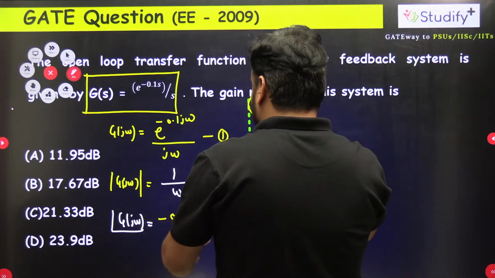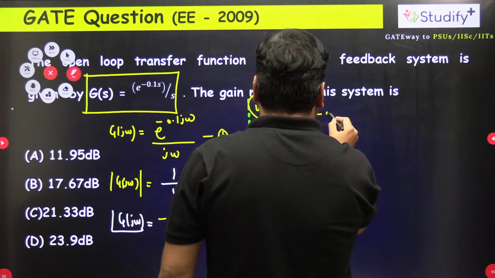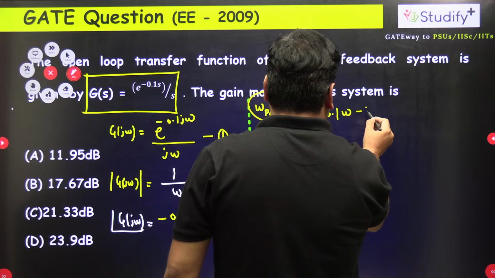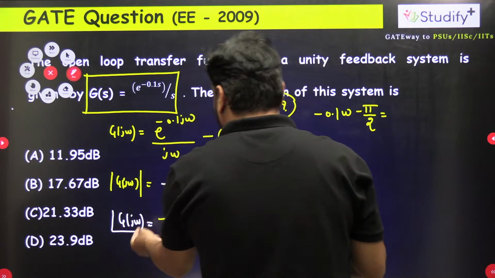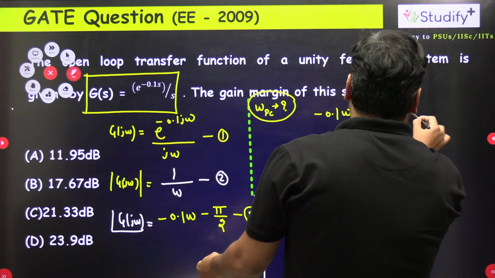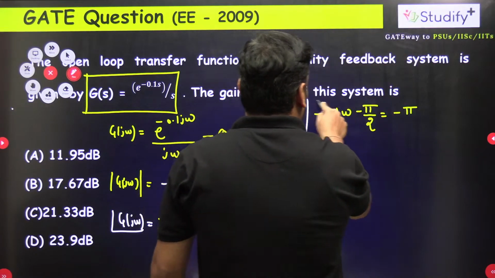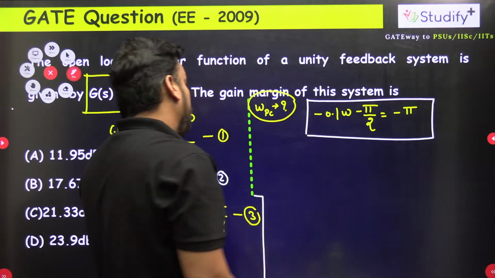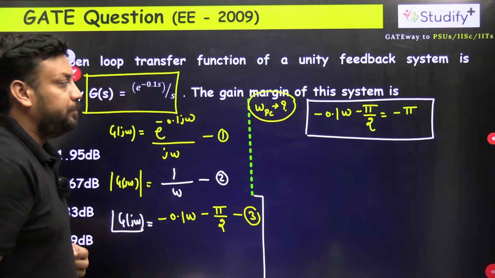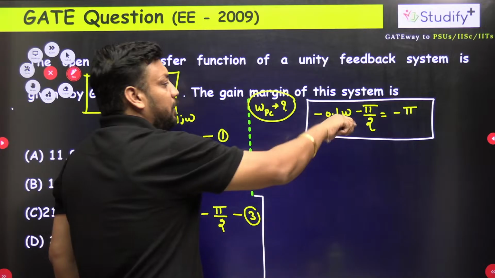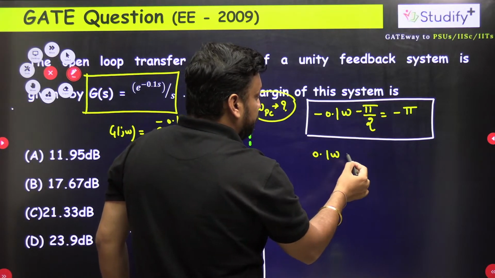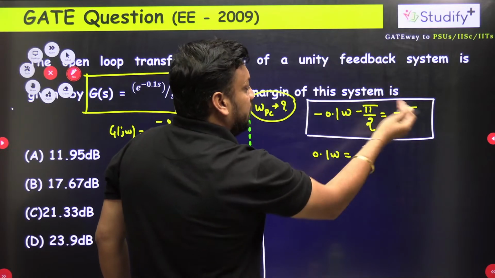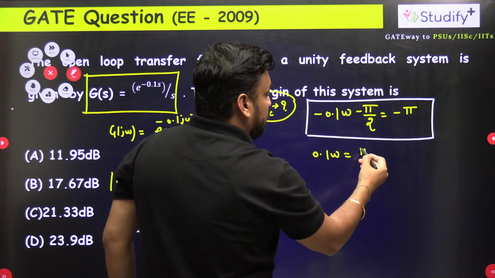It means this angle equation is minus 0.1 omega minus pi by 2, which is equal to minus 180 degree, means minus pi. Now guys just simplify it, so it will be 0.1 omega equal to pi minus pi by 2, which is nothing but pi by 2.